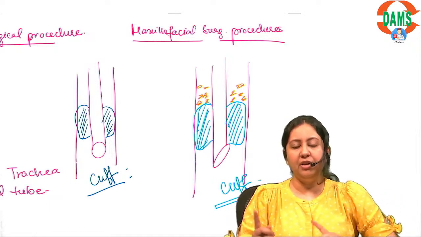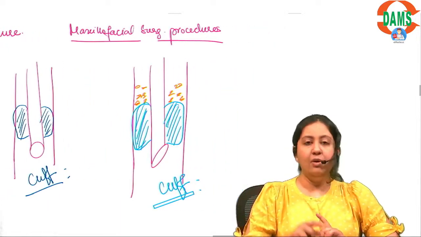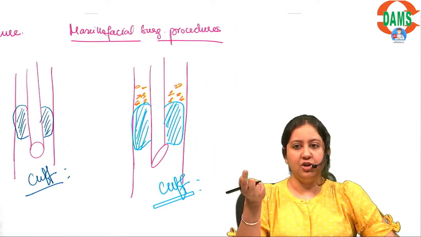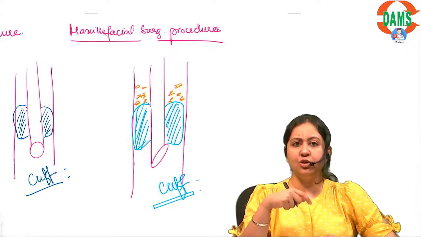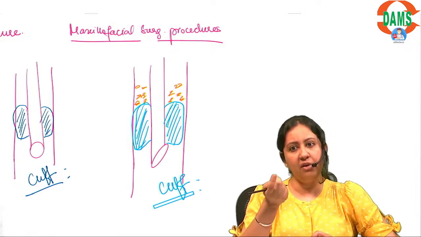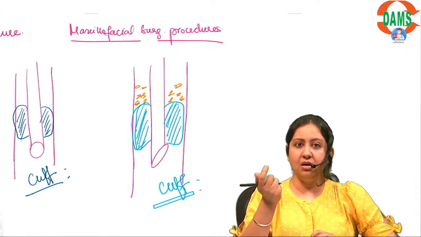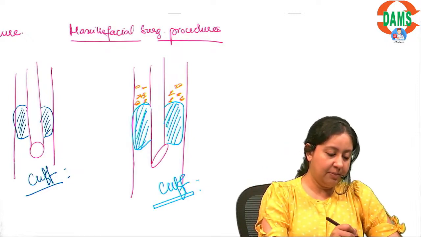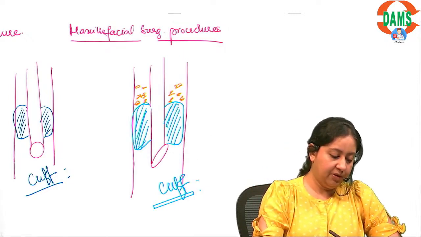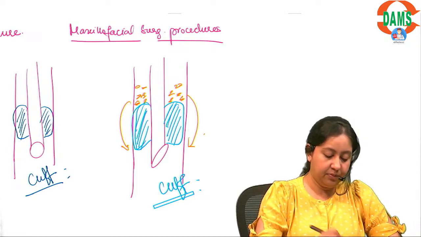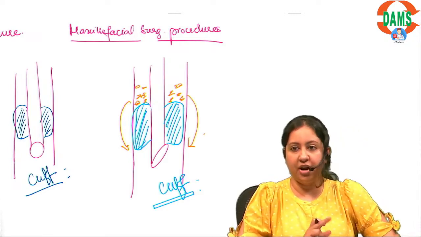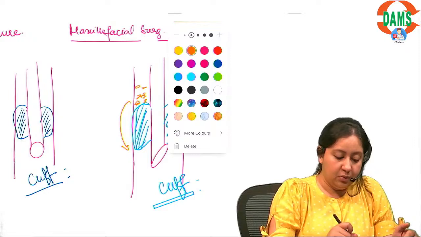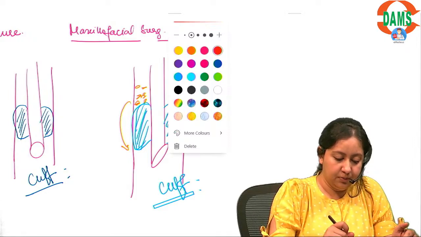If you remember, in class I told you that when we extubate the patient, we deflate the cuff, but once we deflate the cuff, this debris will go further into the trachea. For that, what do we do?